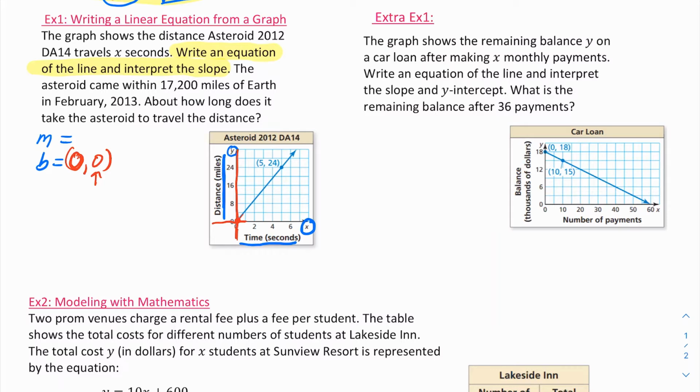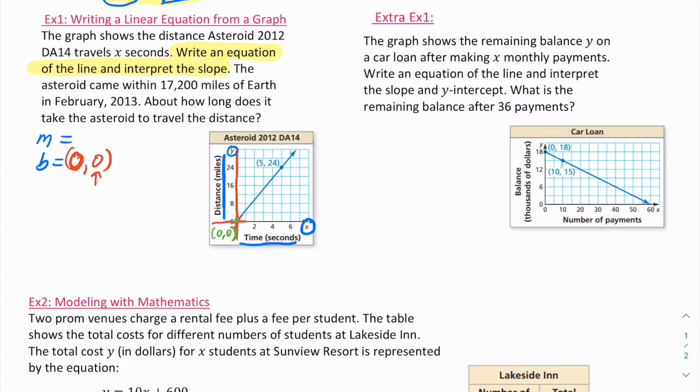Now, the slope is the rise over run. From (0, 0), how do I get to that point? Hopefully you can see that they're counting by ones on the x-axis, but not on the y-axis. The x-axis goes all the way to 6, and the y-axis goes up to 24. So for the rise over run from one point to another, I'm at point (0, 0).